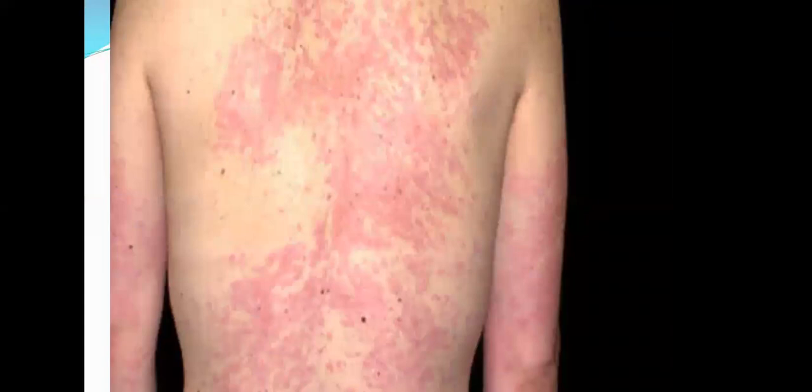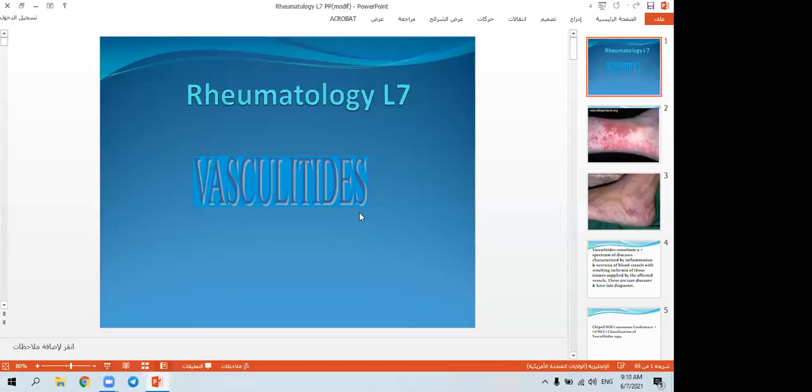Okay. حقيقة pictures هواية. لاحظوا كلها due to vasculitis. Okay. هاي يعني اعتقد كمان الموضوع.